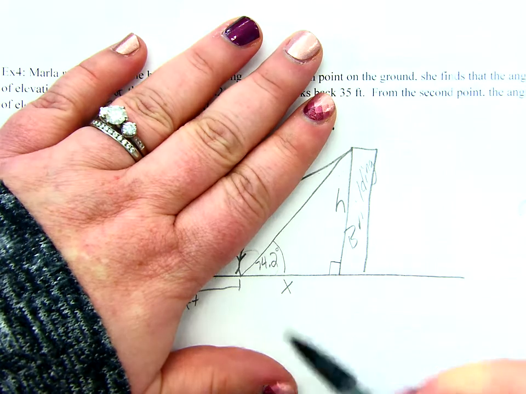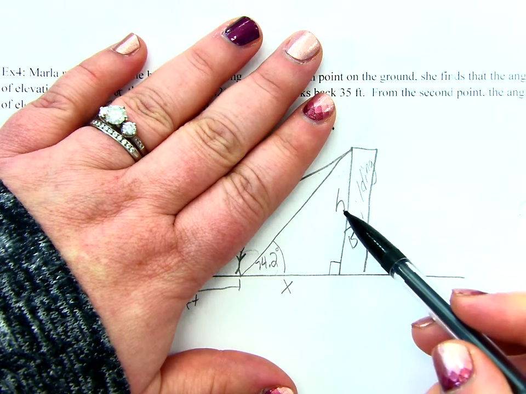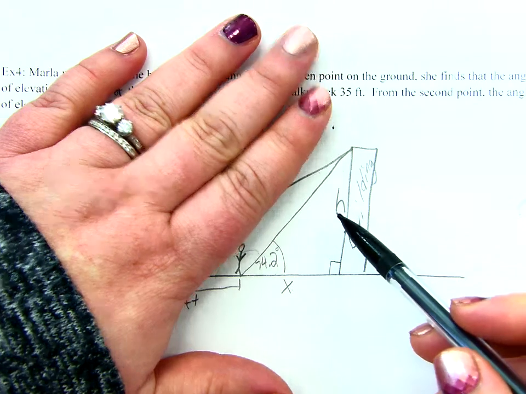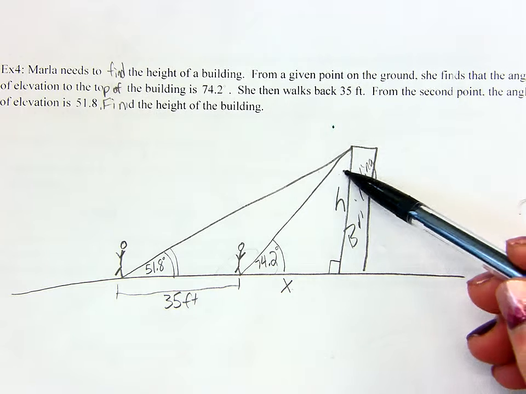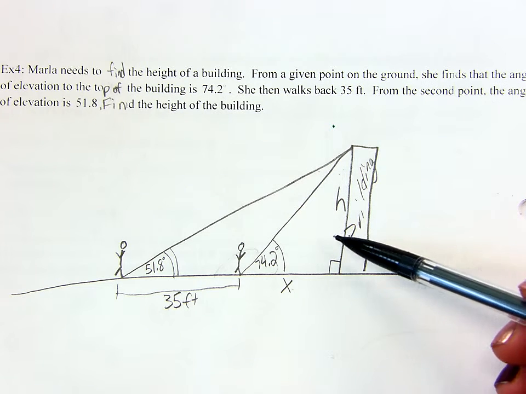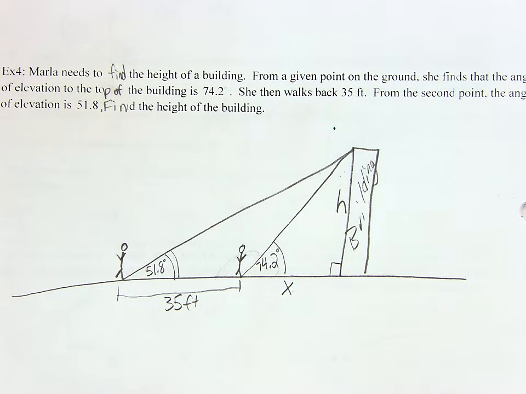I don't know this, but if I did know this, then I could find H easily, right? But don't you know that the third angle already? But a third angle is not going to help me get a side. I need at least one side to get any of the other sides.